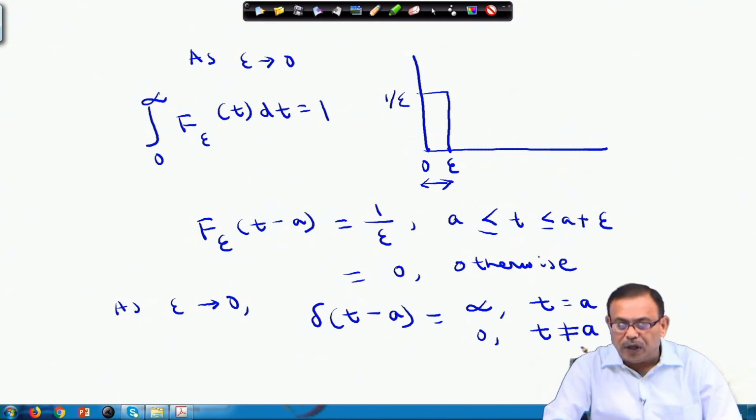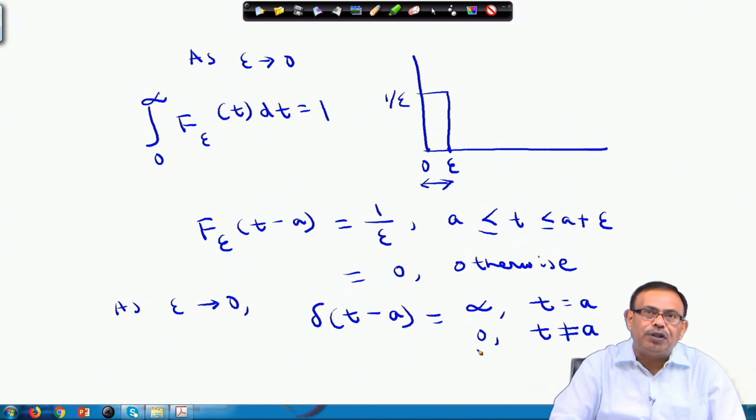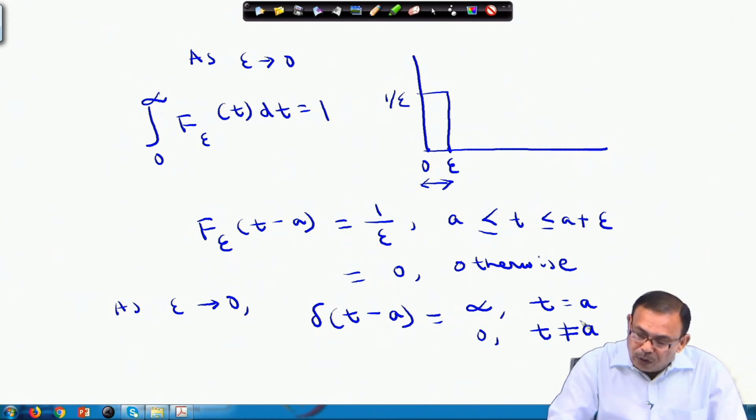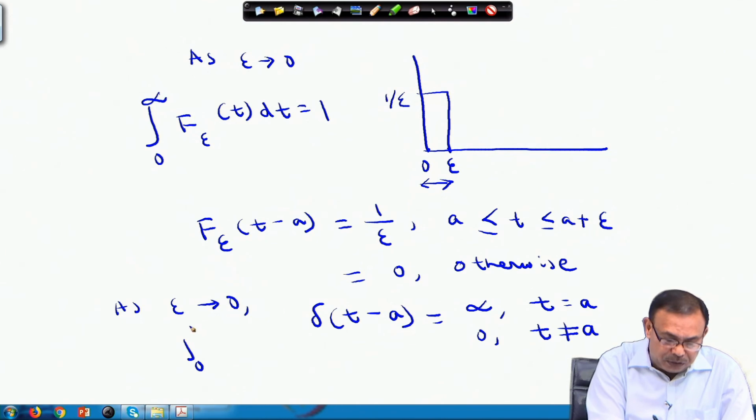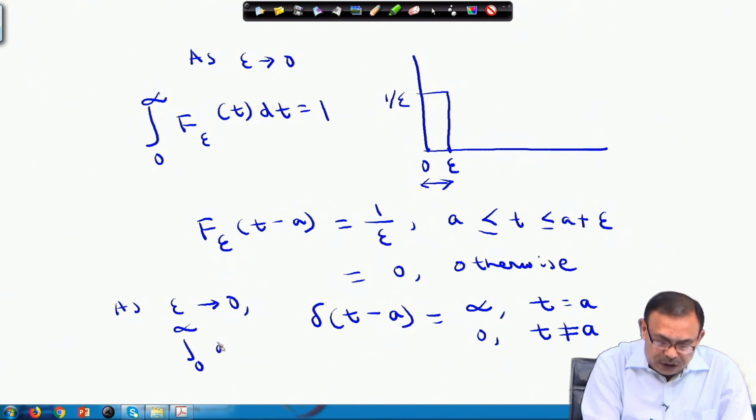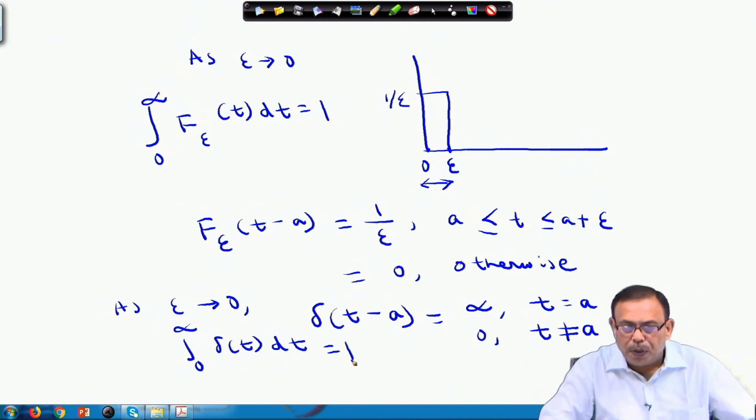So, please see this: at t not equals a the value is 0, at t equals a the value is infinity, so that we write the integral from 0 to infinity of delta t dt as always equal to 1.